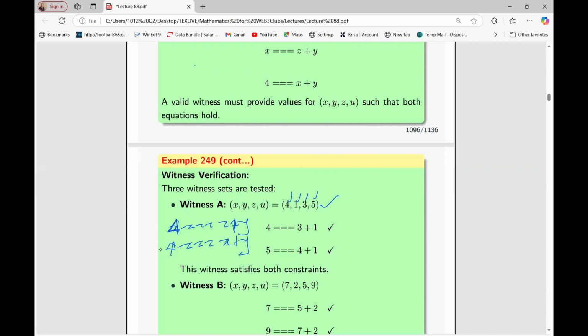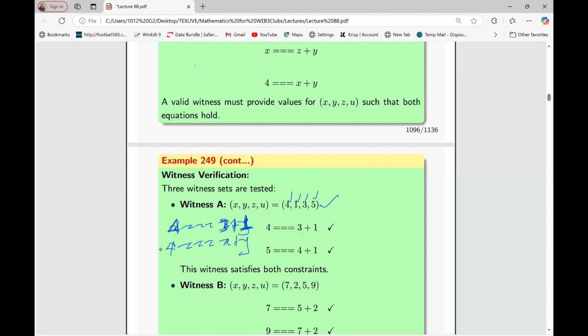And then he has given you y to be 1, so put 1 where there is y. Then he has given you z as 3. So you can see by that, the first constraint has been satisfied. It's true that 4 equals 3 plus 1.